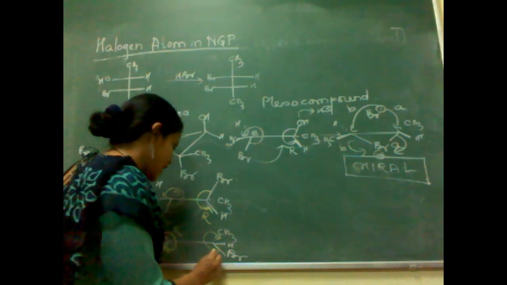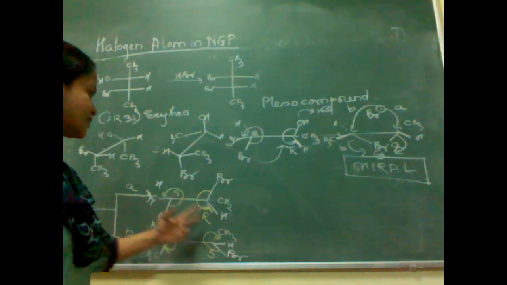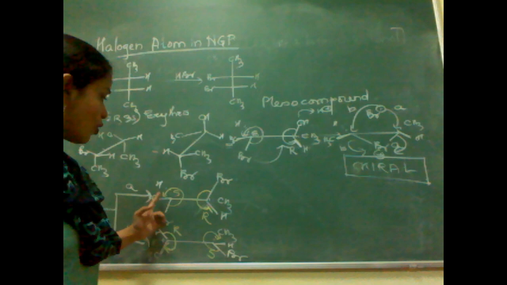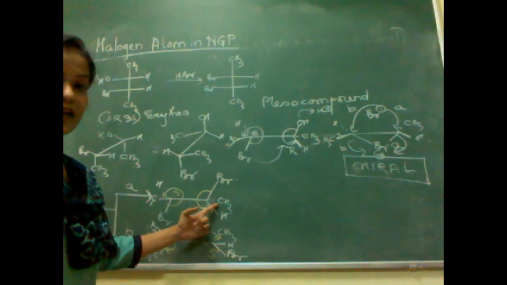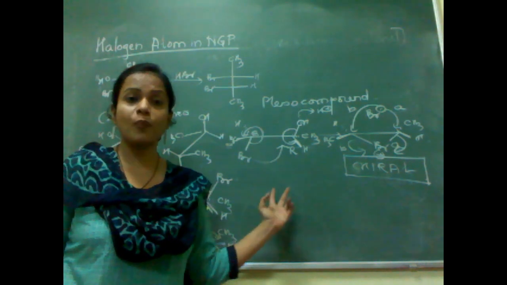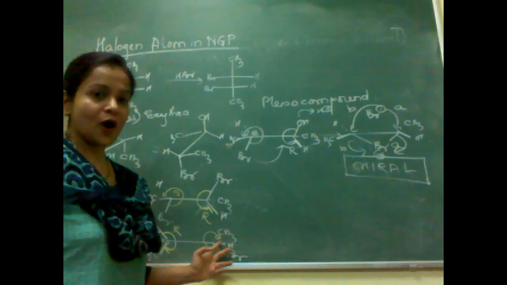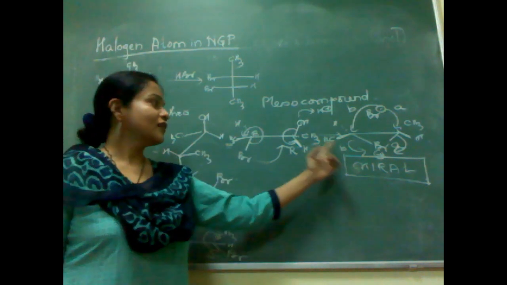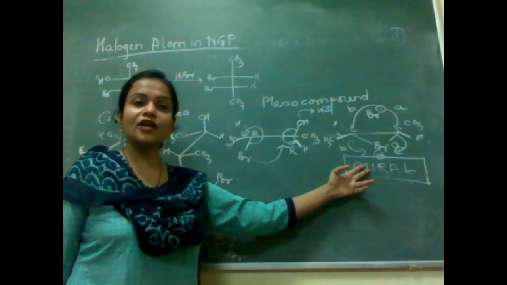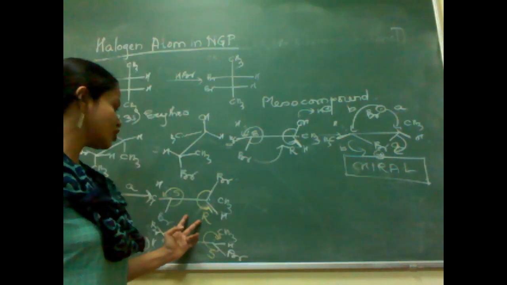So it is S. Now remember one thing, here the configuration is S and R, and here you are also getting R and S. When the ends of this molecule are similar, and the configuration of one asymmetric center is opposite with respect to the other, you get what is known as a meso compound. In the earlier example, the intermediate that was formed was achiral, but in this structure you get a chiral intermediate, through which you get the formation of a meso compound.